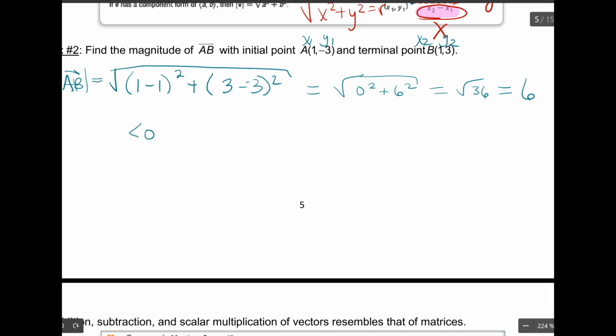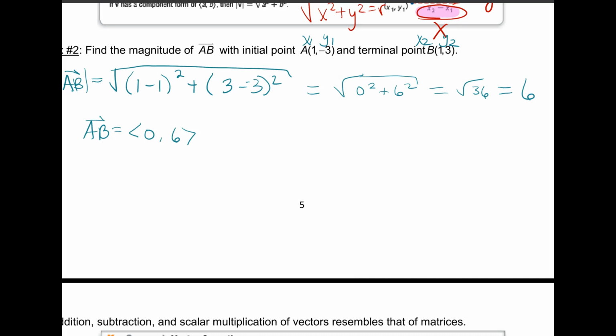So I know the vector AB is equal to 0, 6. I don't really understand. So the component form of a vector is 0 in x, 6 in y. So I'm 6 units long in the y.